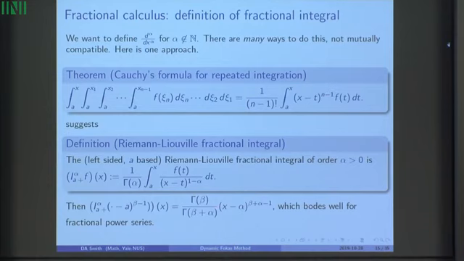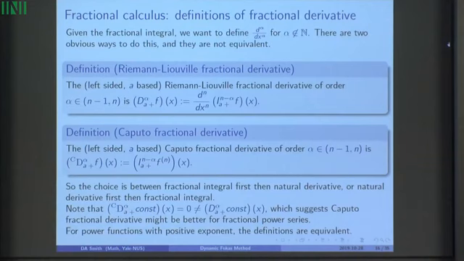Okay? And we're eventually, if you'll permit a spoiler, we're eventually going to be looking at a sort of fractional Frobenius method. So we want to be able to deal with fractional power series, and that's a good sign, right? That it's interacting with power functions in the right way. Okay. So we've got our fractional integral operator.